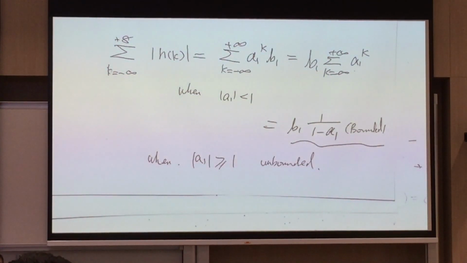Your a1 must be less than 1. I mean the magnitude value, right? If your a1 magnitude is equal to or greater than 1, the summation will be unbounded. Even if this one is equal to 1, then what you have? Infinite, right? You have an infinite summation.